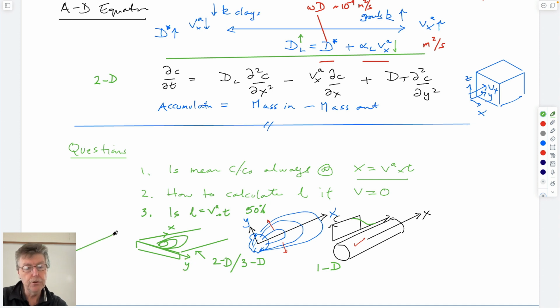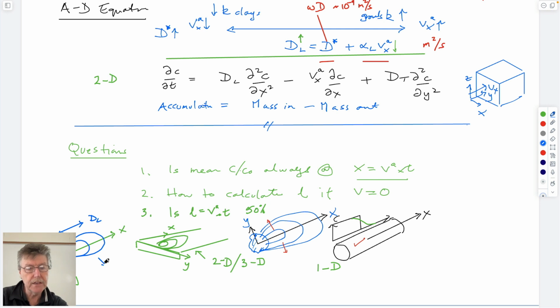So if you're looking at the plume in those coordinates, then the kind of geometry that you get from this behavior is that this is due to the longitudinal dispersion.